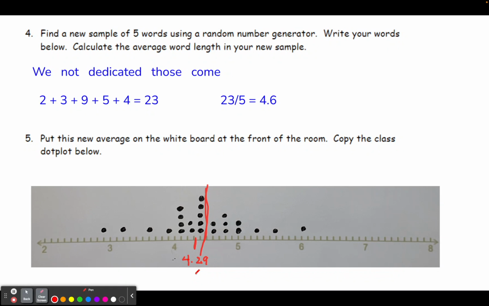So we can see that our first sampling method resulted in what we would consider to be bias because we're overestimating the average word length. Our second sample, which was a random sample, gave us much more accurate results and a better estimate of the value that we were trying to guess.